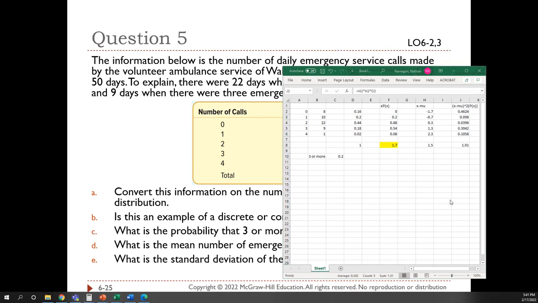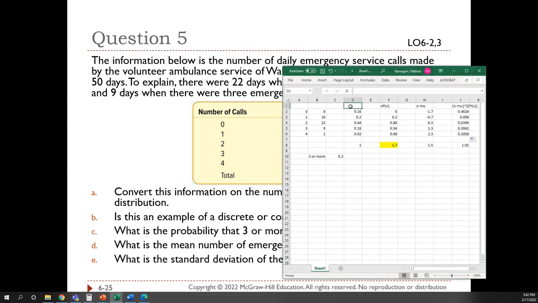Okay. Alright, so it's x minus mu squared times probability of x. Sorry about that. Getting that little right column, which one we use.